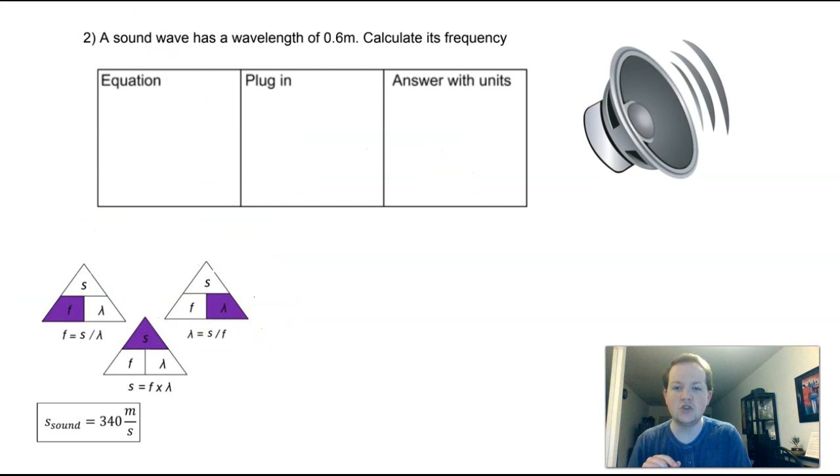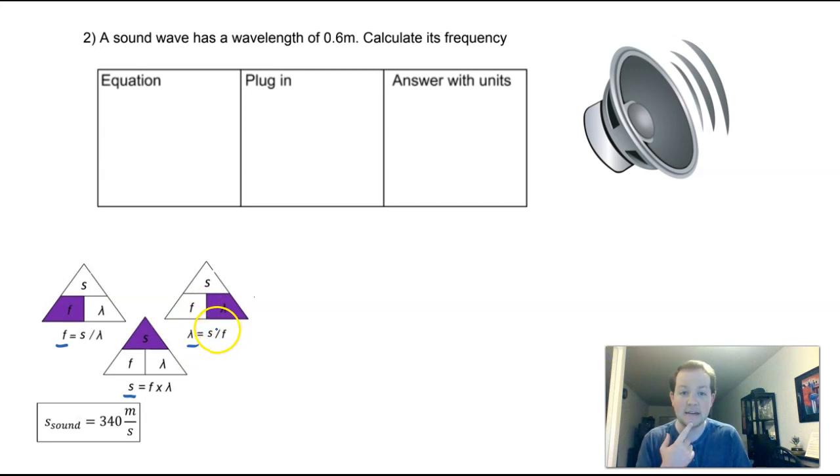Question 2. Let's try question 2. It says a sound wave has a wavelength of 0.6 meters. Calculate its frequency. I need to write down the equation. Which equation do I want? Do I want to calculate for number 2 the frequency, the speed, or the wavelength?